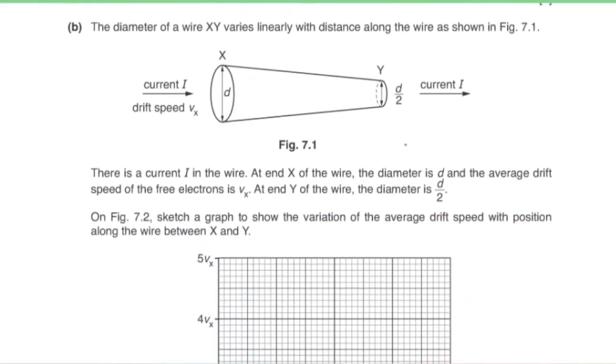Part B, the diameter of a wire XY varies linearly with distance along the wire as shown in figure 7.1. There is a current I in the wire at end X of the wire. The diameter is D and the average drift speed of the free electrons is Vx. At end Y of the wire, the diameter is D by 2.